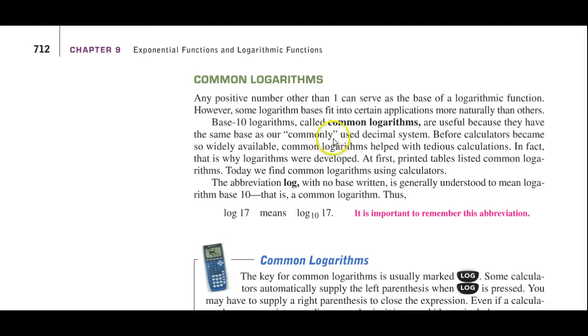Of course, we didn't have calculators. And I'm not sure how much we're going to be using calculators in what we're doing here, but we'll see as we go on.